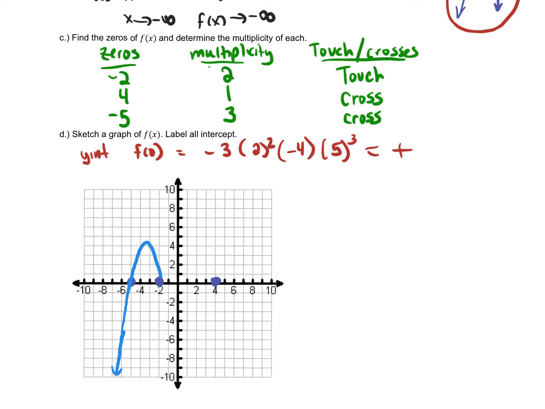It's got to go to negative 2 where it touches. It's going to bounce up. Now it's going to go way up to this y-intercept, way off the graph. And then it's going to come back down, and it has to cross at 4. So you can see this does look like that parabolic shape. As you're going off to infinity, it's going down. As you go off to negative infinity, it's going down. But we just tried to sketch these graphs based on the intercepts we know.